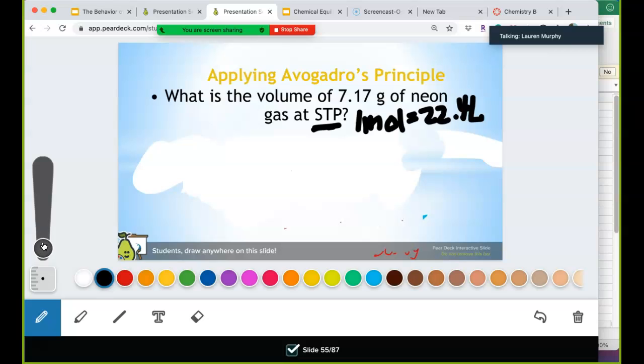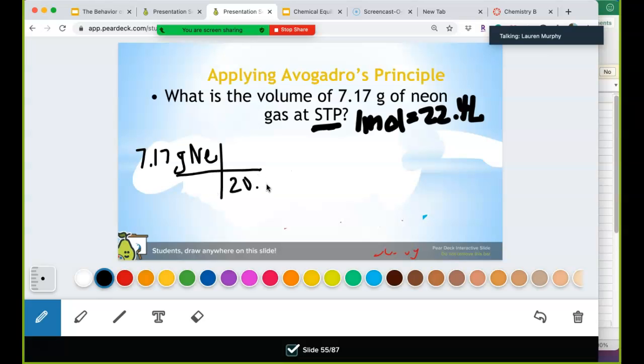So, you know, in the beginning, we had to turn grams into moles of neon to be able to plug it into PV equals nRT, right? So 7.17 grams of neon. And then we said neon is 20.18 grams per 1 mole. And we did this to get moles of neon.